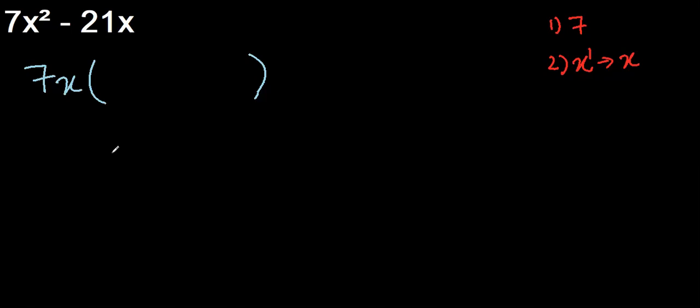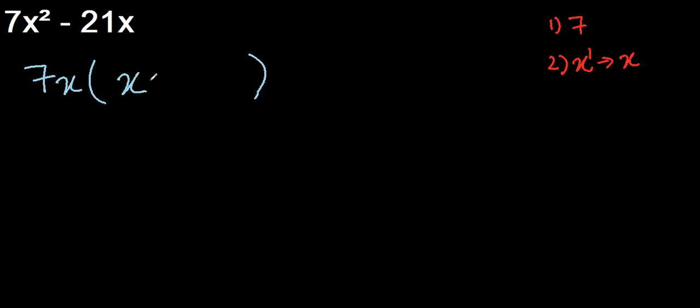So, if we divide every term by 7x, like 7x squared divided by 7x, we'll get x.